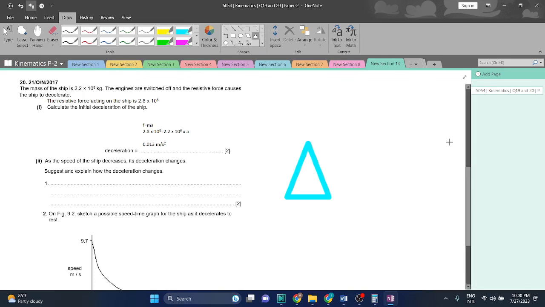I'll repeat it again. When the ship is at a certain speed, उसको ज्यादा पानी हटाना पड़ेगा, right? To move further. But if the speed is lowered, उसको कम पानी हटाना पड़ेगा. So that is what I'm talking about. The resistance is dependent on what the speed is. And that is what also happens with parachutists.